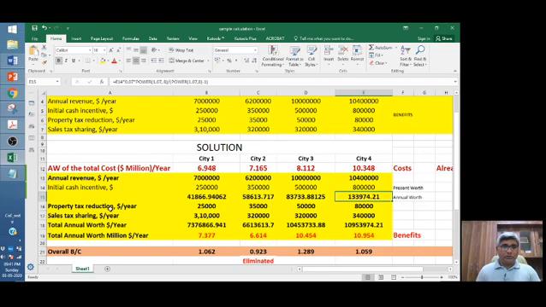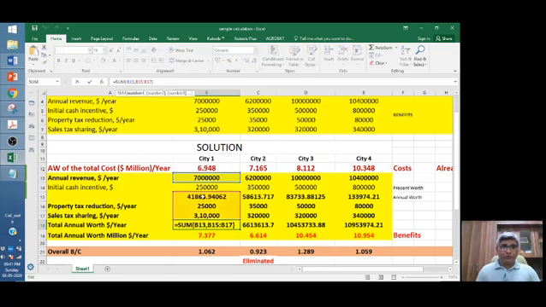Now the tax reduction is already given in years, so no conversion is needed. If we look at the total benefits, or the total annual worth associated with the benefits, we add this plus this plus this plus this.